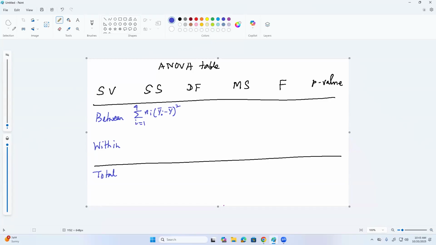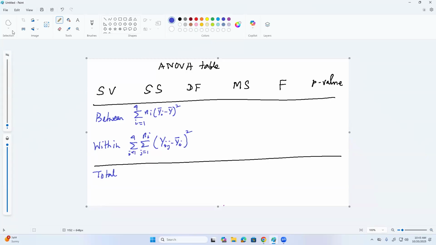But if you have many groups, you just sum over those groups. Within has the following formula: sum over i equal to 1 to 4, j equal to 1 to n i, of y i j minus y bar i, squared. I'll come to this part later.